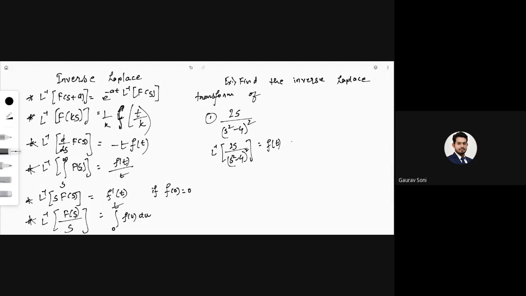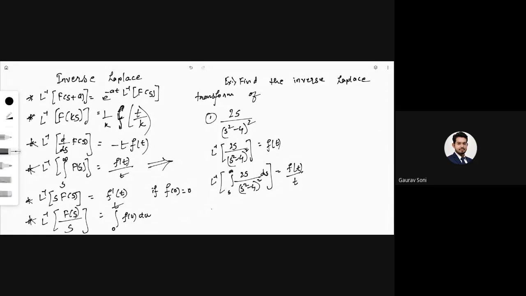Then Laplace inverse of integration s to infinity 2s upon s square minus 4 whole square ds will be equal to, integration is related to the division, f of t upon t.